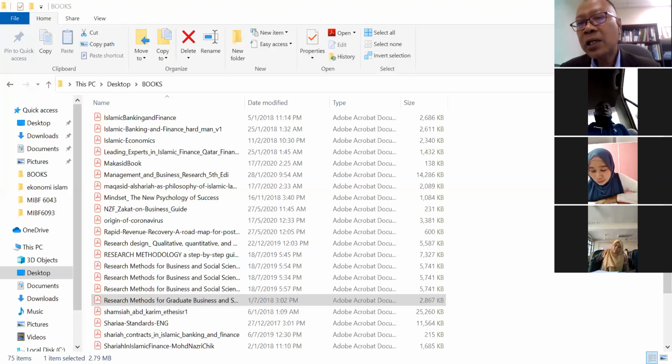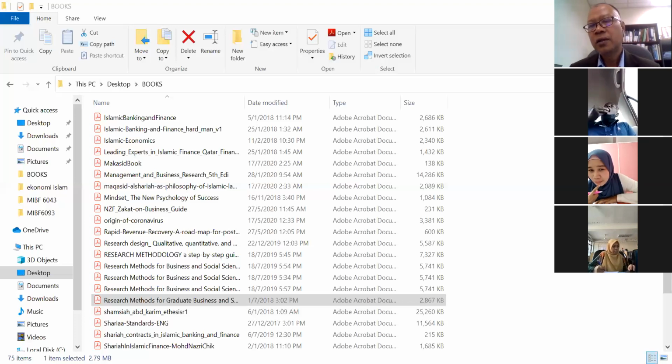So if someone asks you, why do you put X as your independent variable? Your answer is, I include X as one of my independent variables based on the studies by John, Adam, Yusuf, based on the previous studies.